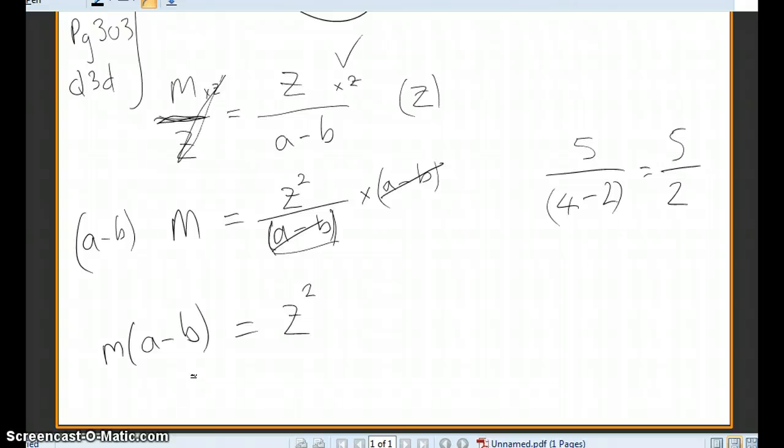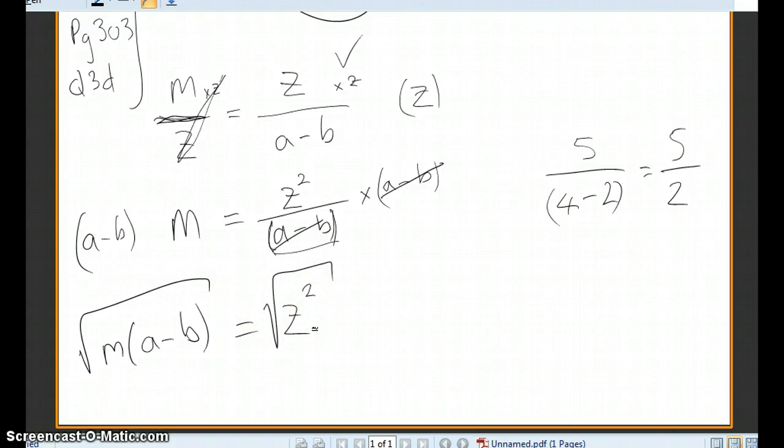How do we undo a term squared? How do you undo squares? Square root. Okay, if you take 4 and you square 4, you get 16. If you take the square root of 16, you get back to 4. So what I'm going to do to both sides is take the square root.